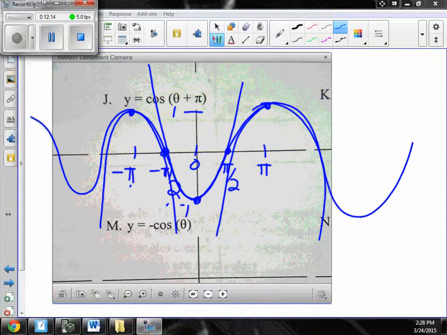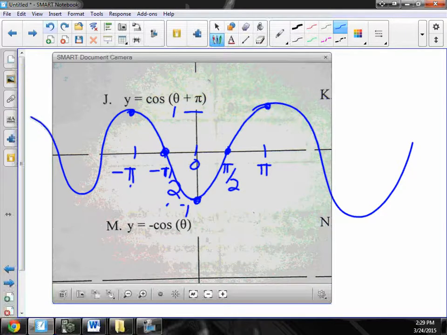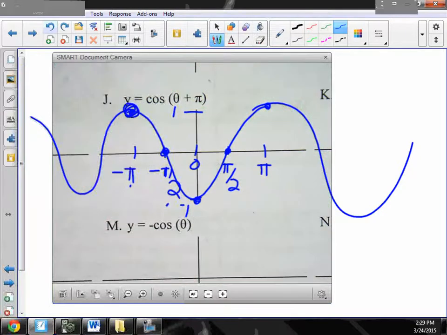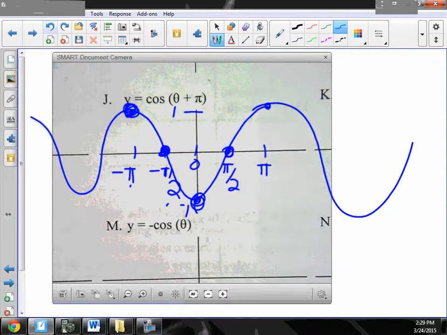Whenever you switch from down to up or up to down, it's called an inflection point. And inflection points and maximums and minimums are hugely important in calculus. So that's a critical point because it's a maximum, that's a minimum, but both of those are inflection points where it switches from concave down to concave up or vice versa. So that's what I mean when I say critical point.